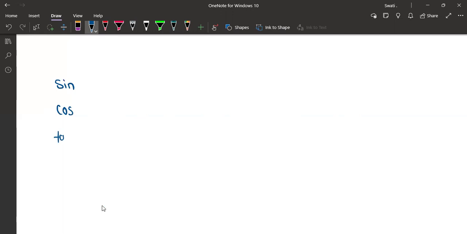Tan, right? That was the sequence. And then cosec, then sec, and then cot, right? And then we had written some angles also. Do you remember the angles? Tell me, the first angle?